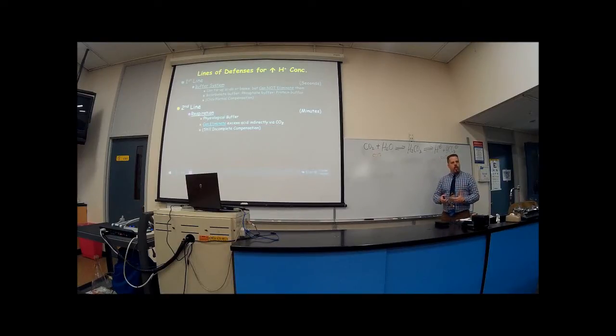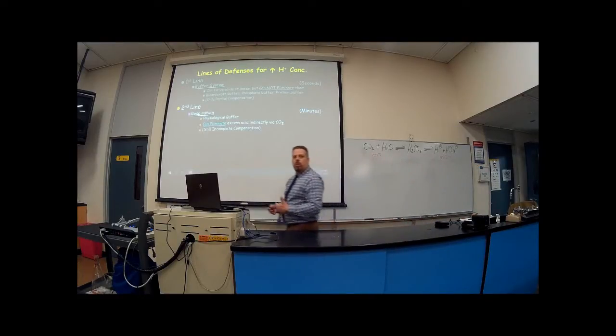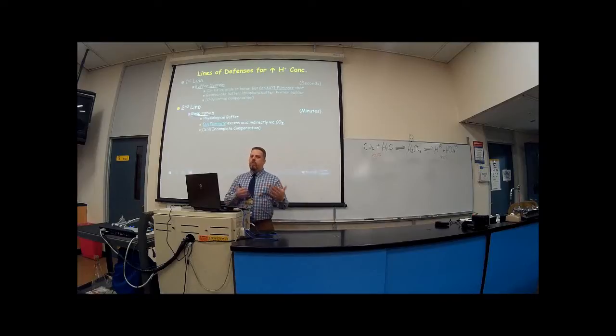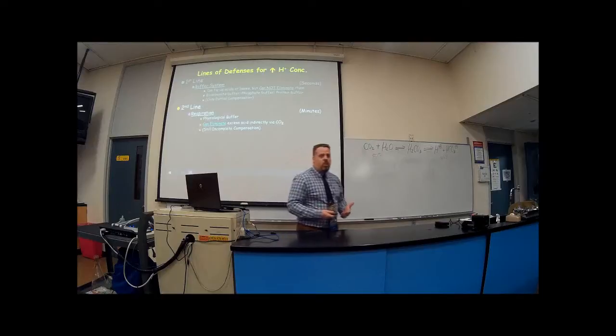The amount of this reaction that's going to happen here is going to go faster than what your lungs can actually do. So we've got to have another system. This is better than the buffer system because it's actually eliminating the carbon dioxide or the acid itself. But we need something that's going to last longer.